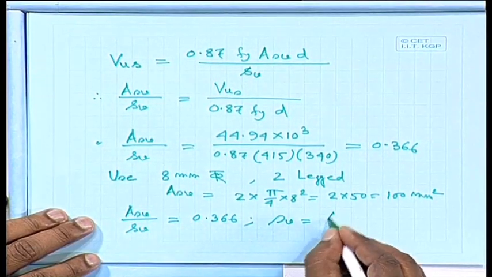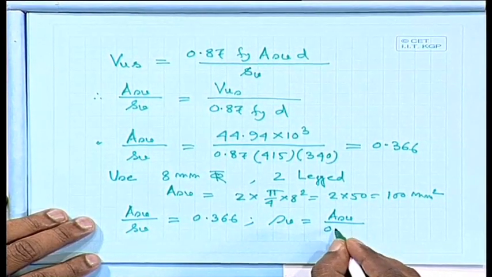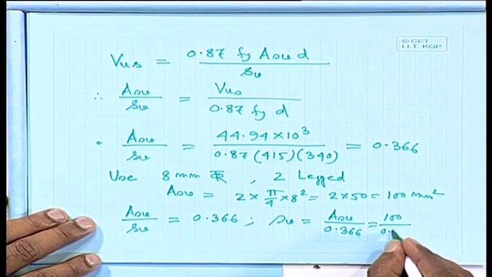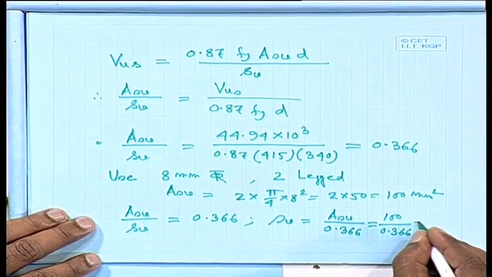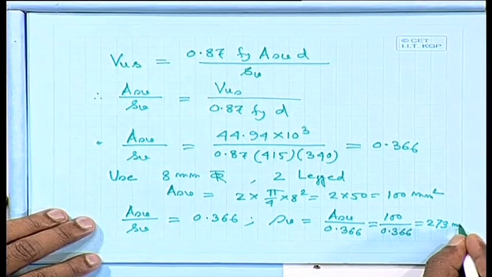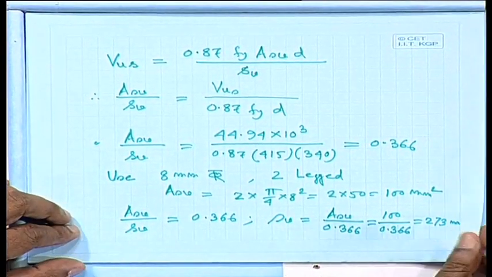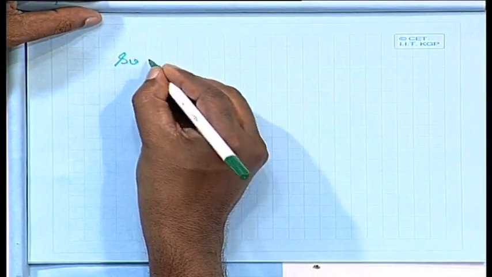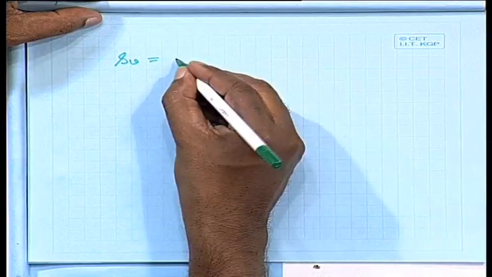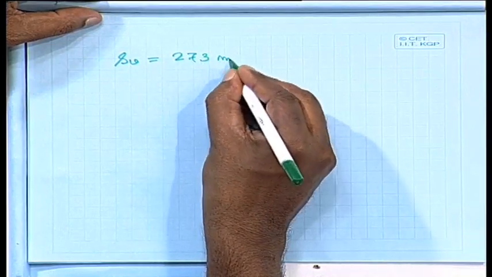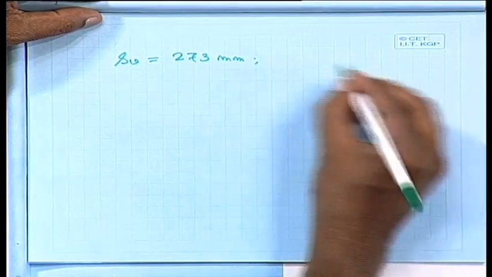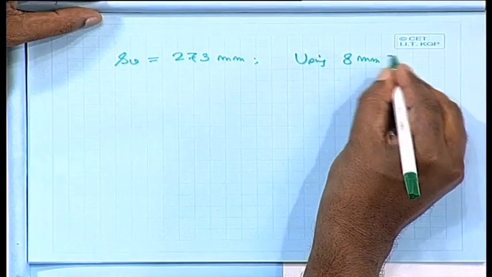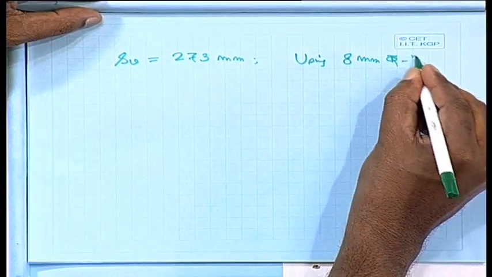So, SV equals ASV by 0.366, equals 100 by 0.366, equals 273 millimeter. So, let us write down the spacing SV as 273 millimeter. We are using 8 mm Tor two legged.